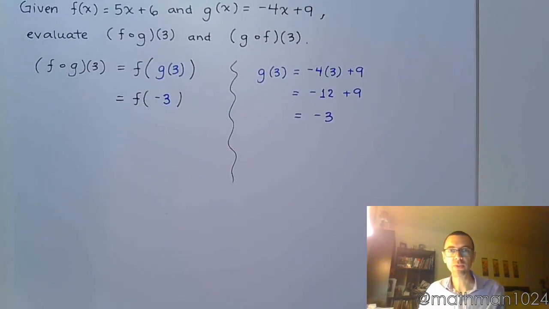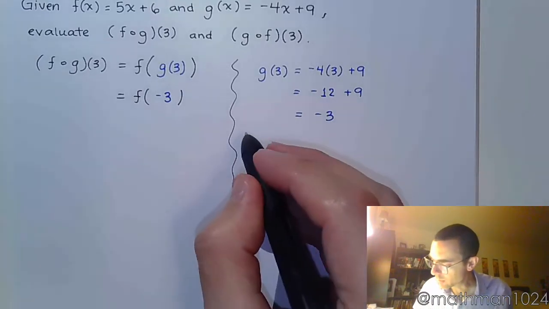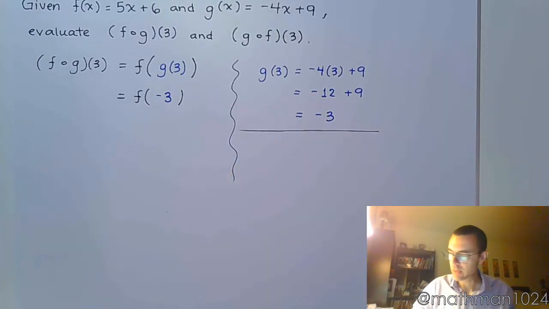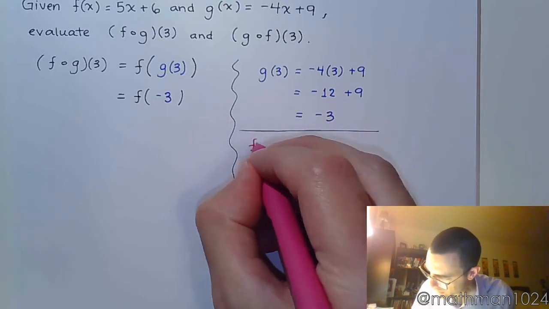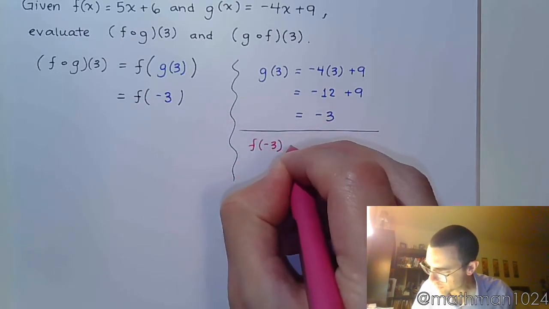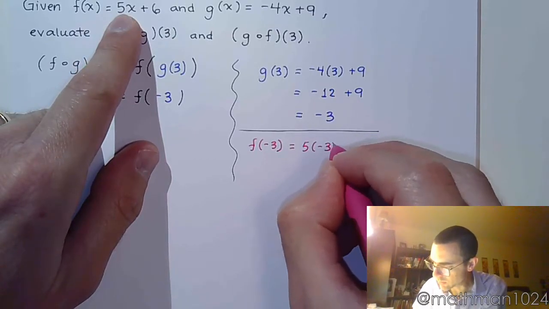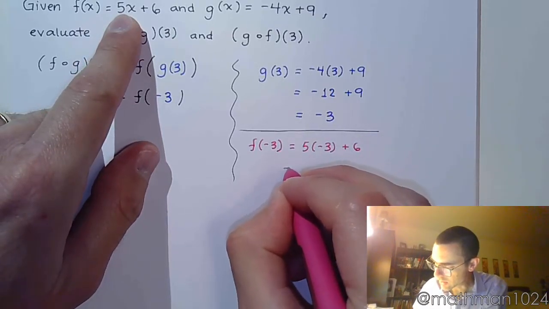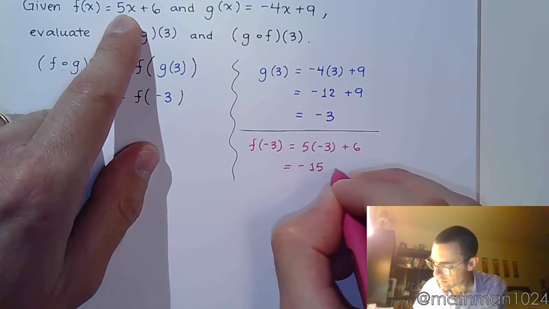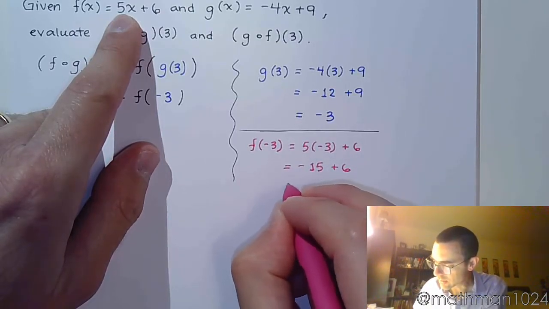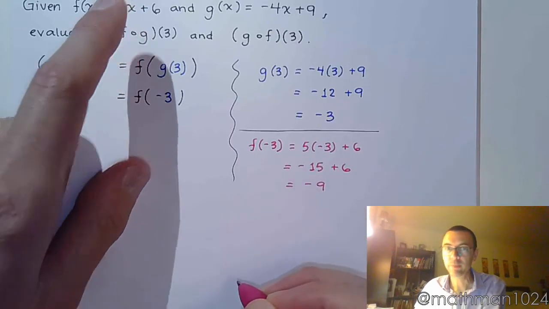And so now let's figure that one out. Coming over to this side, we now need to find f of negative 3. So here we go. This is 5 times negative 3 plus 6, and just crank this out, and we get negative 9, right?